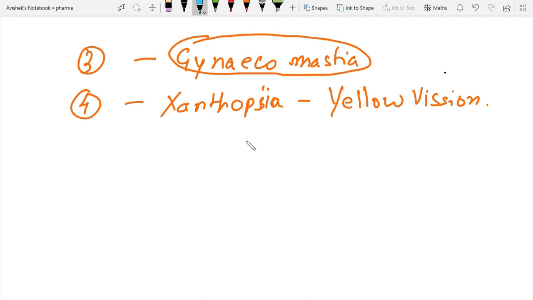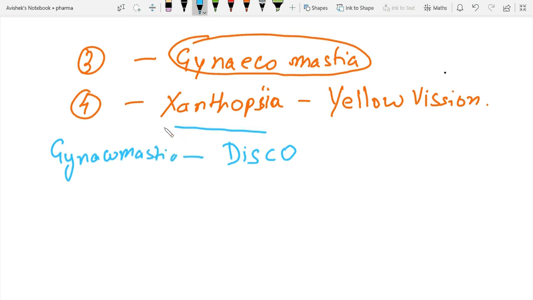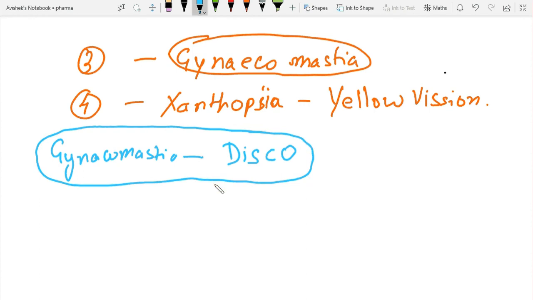We have to remember something about gynecomastia. DISCO. What is this DISCO? DISCO are those drugs which can cause gynecomastia.